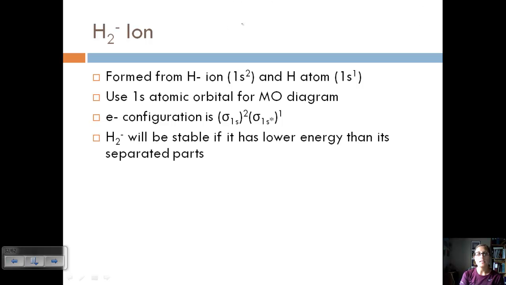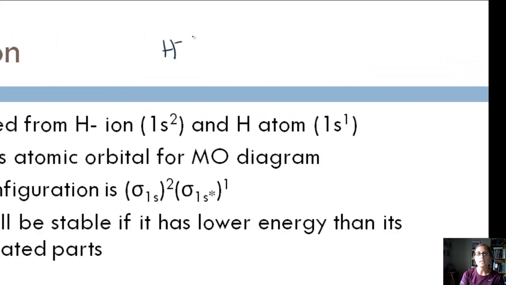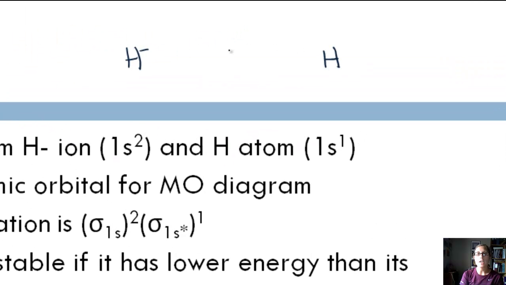So we've got our H- ion and our H atom, and this is contributing 2 electrons, and this is contributing 1 electron. And then we have our anti-bonding and our bonding.